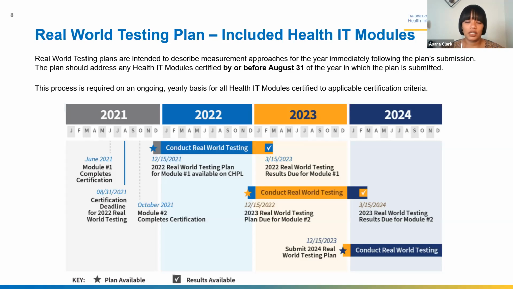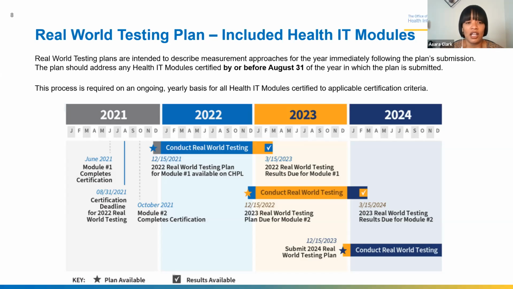So it's a rolling cycle, and here we just use 2 different examples of modules, one that is required to be certified in 1 year, the following year based upon when they completed certifications. I want to make note that this process is required on an ongoing yearly basis for health IT modules certified to applicable certification criteria.